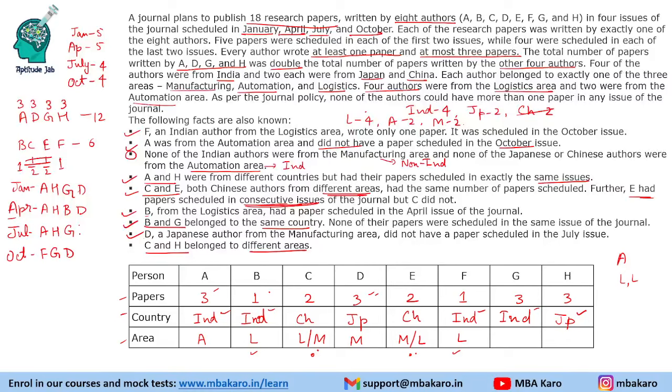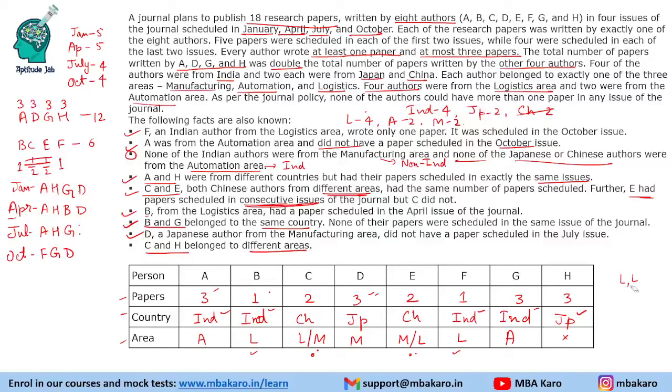And then we have another information which says that Indian is not from manufacturing area, and in the automation area, we cannot have Japanese or Chinese authors. None of Japanese or Chinese from automation. Now, if you look at the automation person that is remaining, we cannot have this as the Japanese person. That means this will be the automation person. So automation person is done.